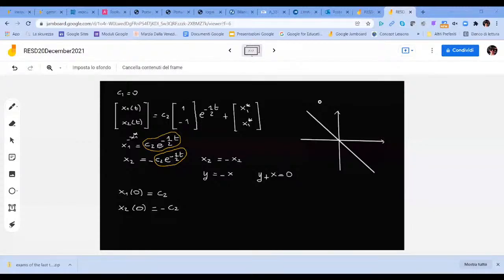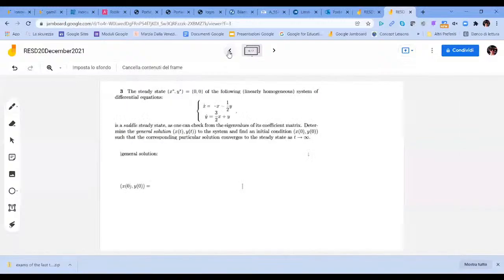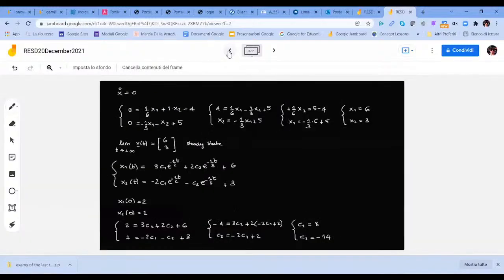Maybe you can take, as we computed before, a particular solution.